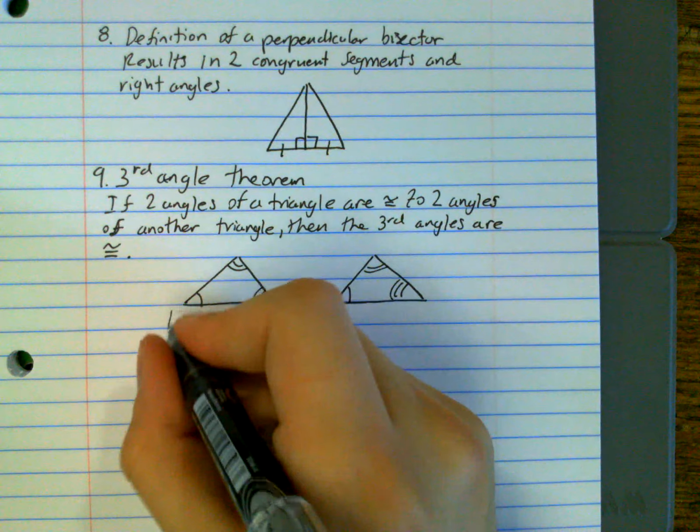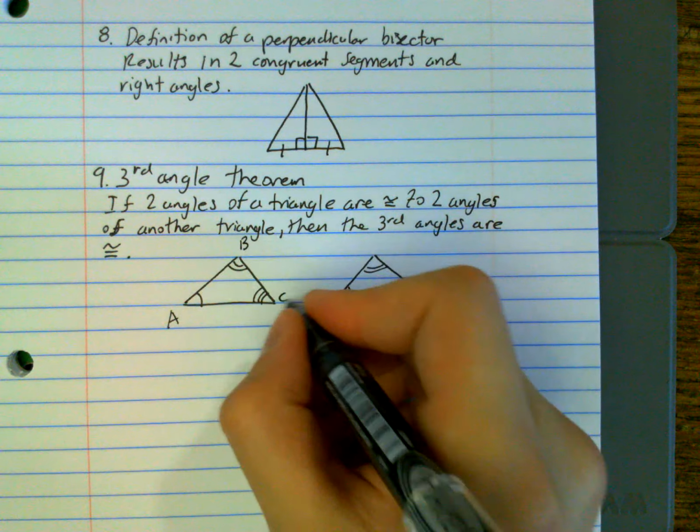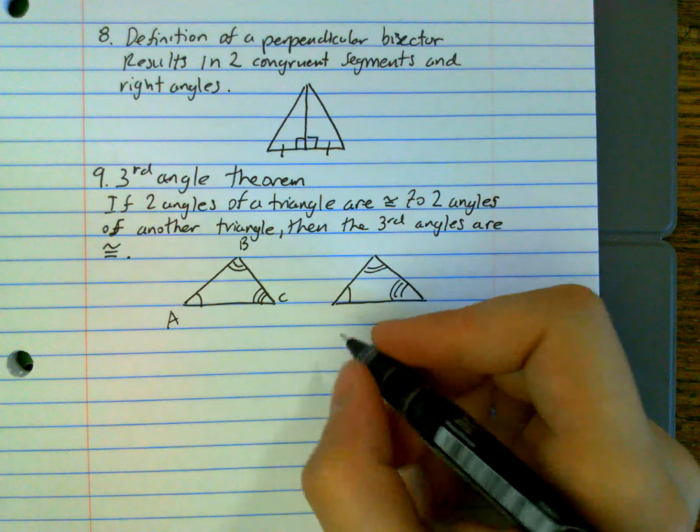Okay? So even if you're only given 2 angles, the third one has to be congruent.